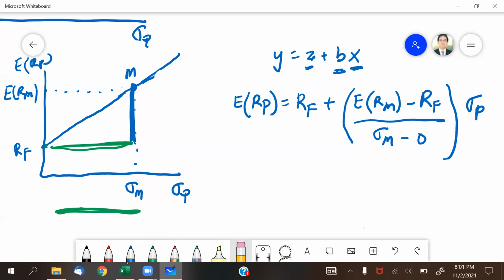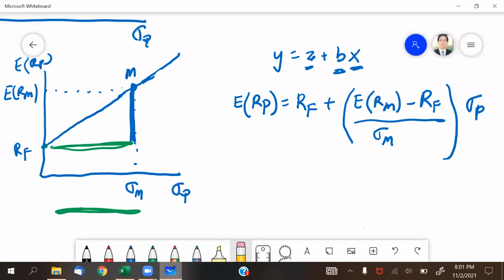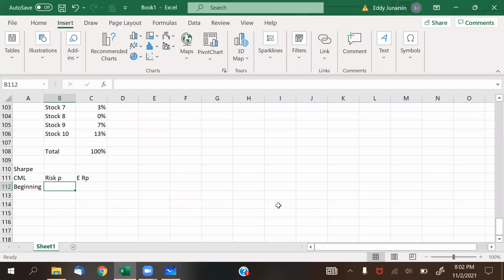So minus 0, we don't need to write it. So now with the capital allocation line, it would be very easy to draw. I will start from the beginning point. What is the risk of the beginning point here? Of course, 0, right? Risk-free, so the risk would be 0.